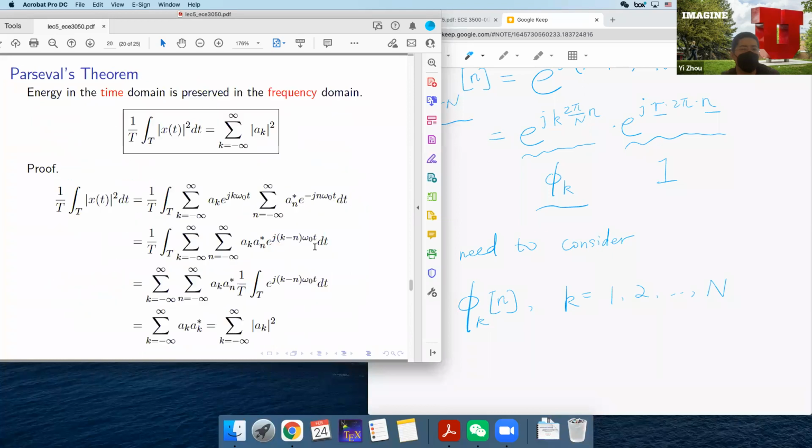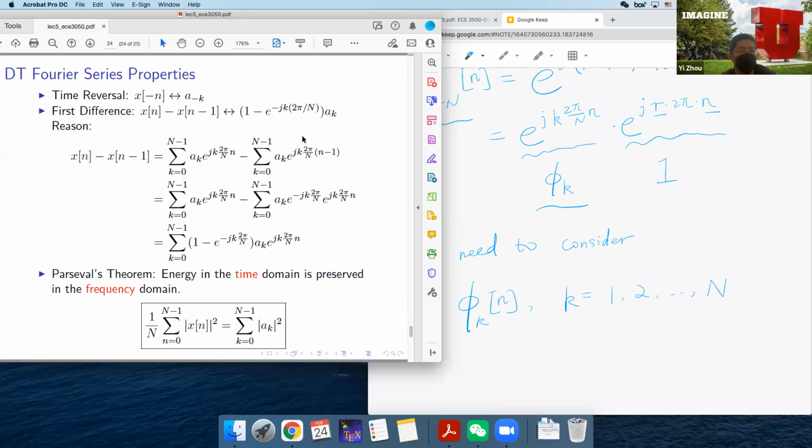If you compare this with the continuous time Parseval theorem, in continuous time the spectrum has infinitely many a_k, the index k has infinitely many cases. So we have to sum up k from negative infinity to positive infinity. This is the only difference. But the key idea is the same, because the right-hand side still can be interpreted as the total energy in the frequency domain.